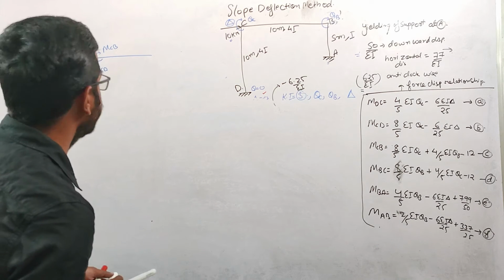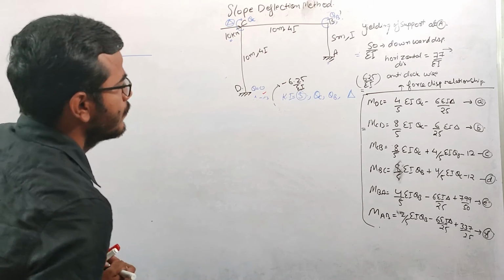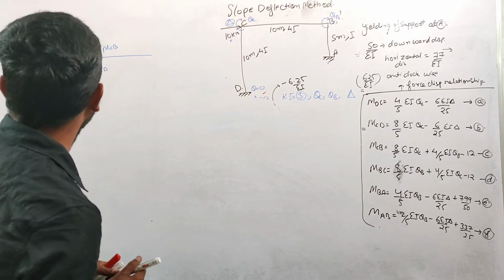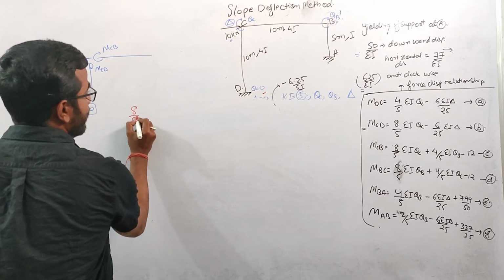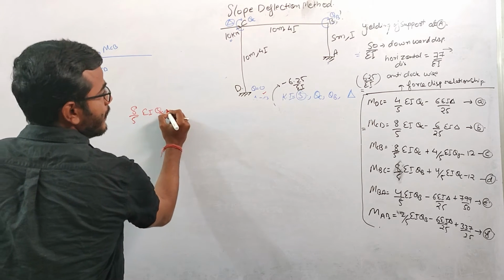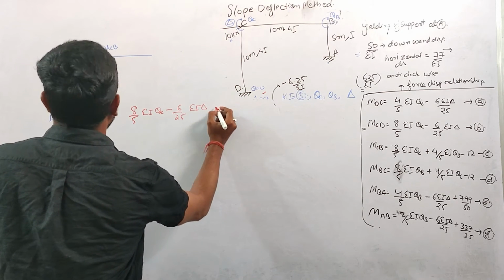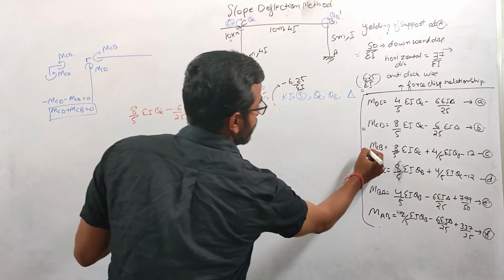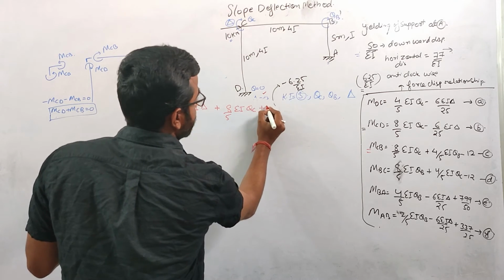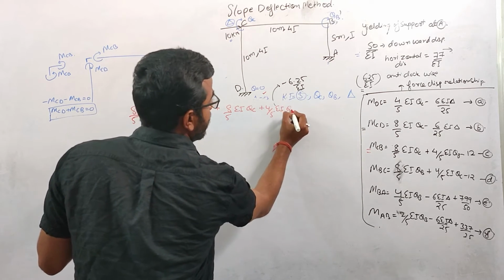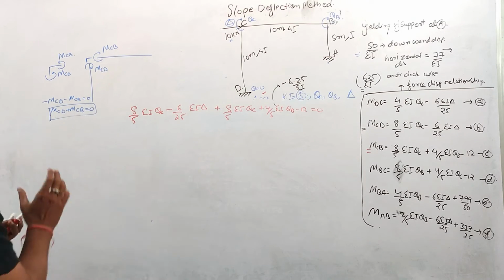So what is the value of MCD? We have already calculated the value of MCD. MCD value is 8 by 5 EI theta C minus 6 by 25 EI delta. And what is the value of MCB? MCB is 8 by 5 EI theta C plus 4 by 5 EI theta B minus 12 equals 0. So this is the equilibrium equation.